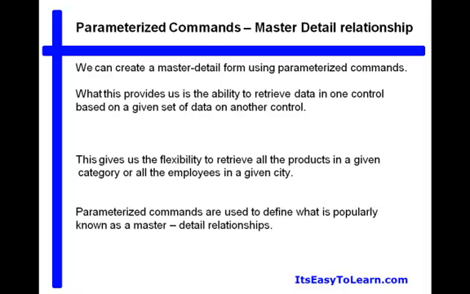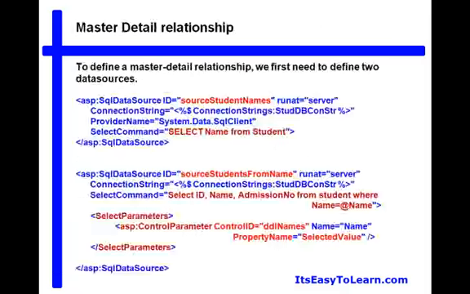The master detail relationship provides us an ability to retrieve data in one control based on a given set of data in another control. Thus we have two controls that are interrelated. To define a master detail relationship, we first need to define two data sources. In the example we saw, we had a source student's name and a source student's from name.